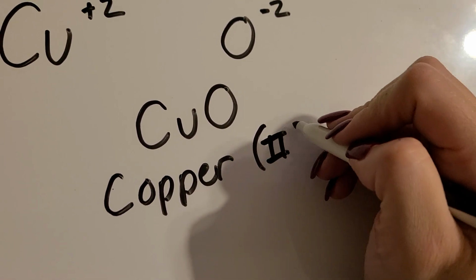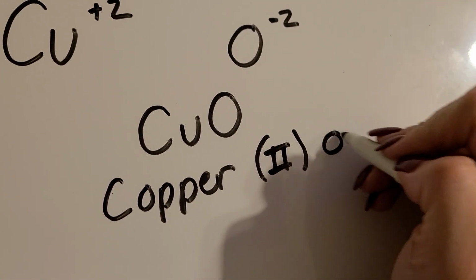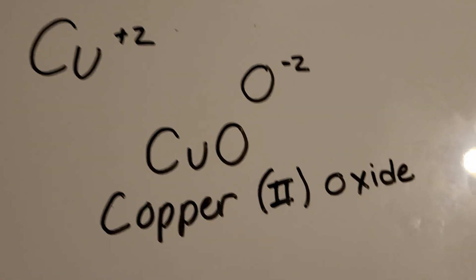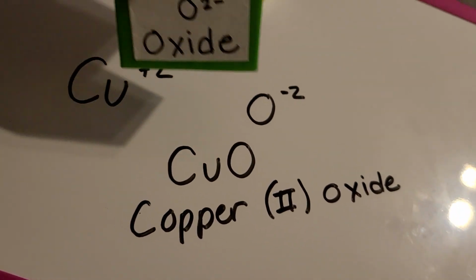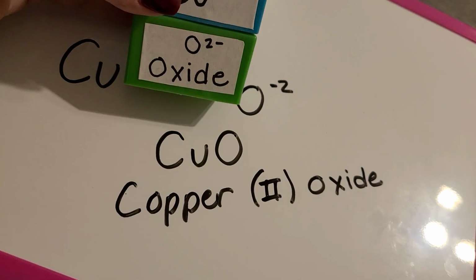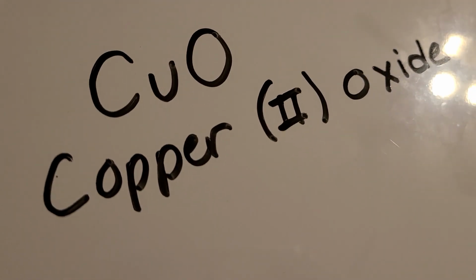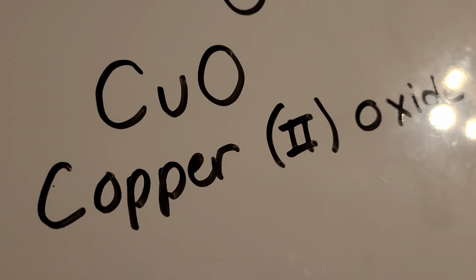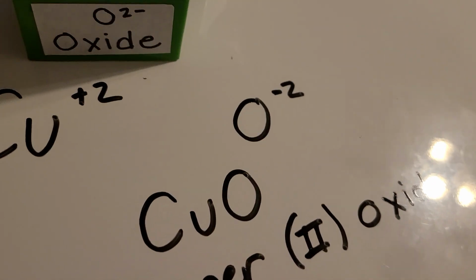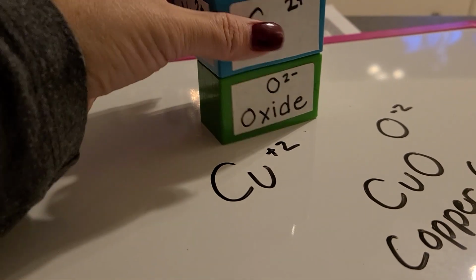I like to do it like that, copper 2, and then we name the oxygen exactly like we did before, oxide. So copper 2 oxide is going to be this compound here. If you don't put the Roman numeral in parentheses, it gets confusing, so make sure that you do put the Roman numeral in parentheses.